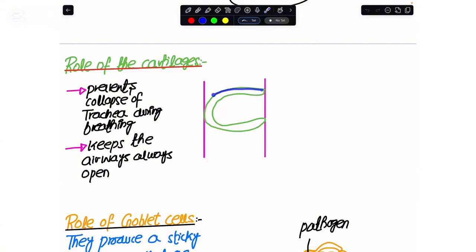So, thanks partly to the C-shaped rings of the cartilage, they do not allow the trachea to collapse inward when we are breathing the air in and out. The other point is that these C-shaped rings always keep your airways open so that the respiratory gases keep on going inside and outside of the body.